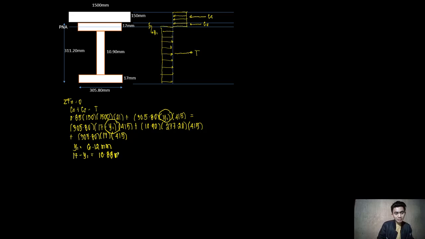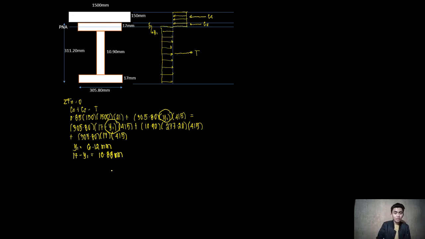Now this part from your plastic neutral axis to here is 10.88. Now y sub 1 is the location of your plastic neutral axis, that is from the top flange going down, which measures 6.12 mm. So we are now ready to determine the nominal moment capacity.